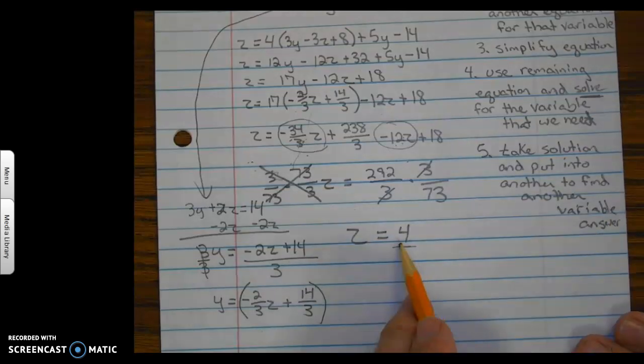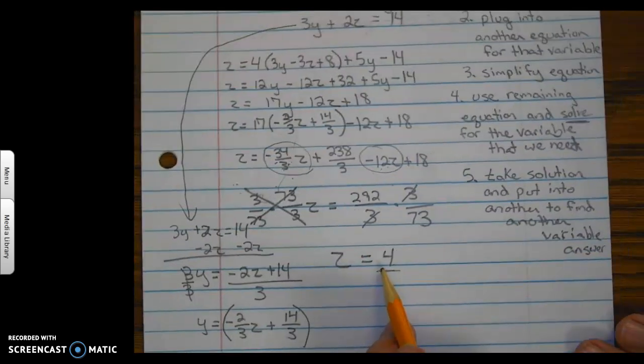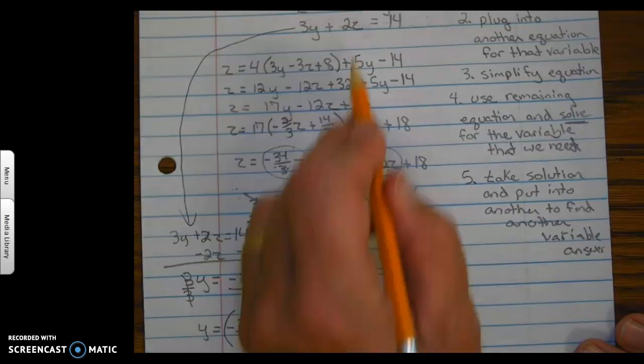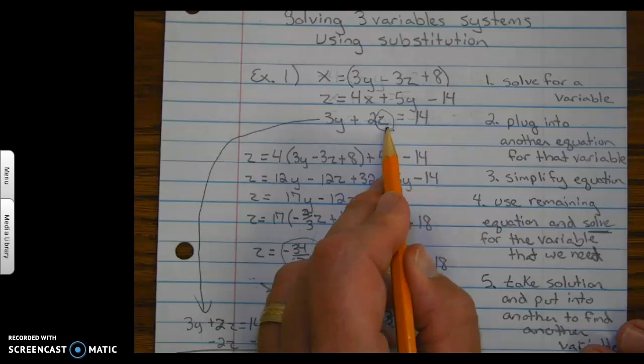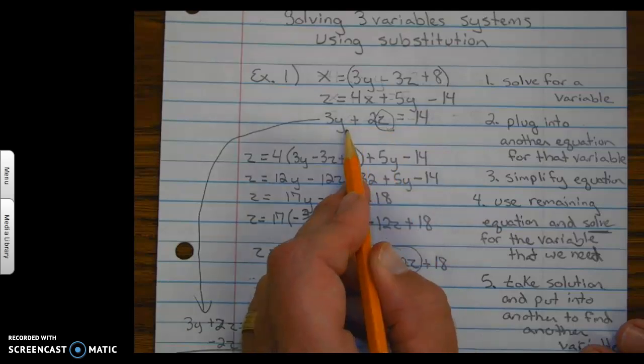So we're going to take that solution, we're going to put it into, let's see, z, so let's put it right here. And then that way, if we plug it in here, we can find y.